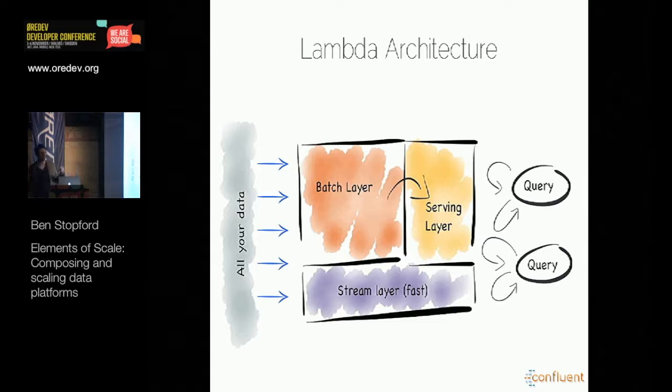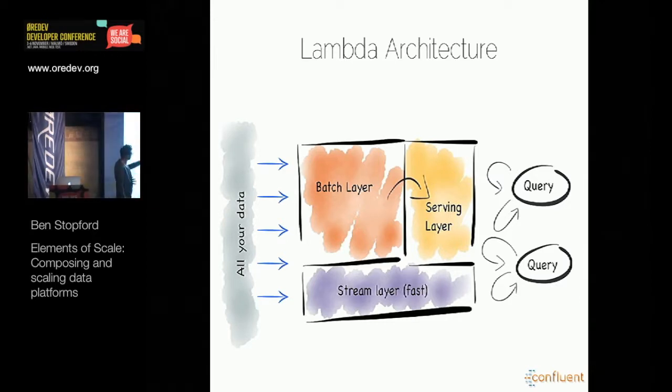So another architectural pattern is the Lambda architecture. The Lambda architecture is effectively a batch workflow architecture which has got a bit of extra cool stuff added on the side, and there's a good reason for this.